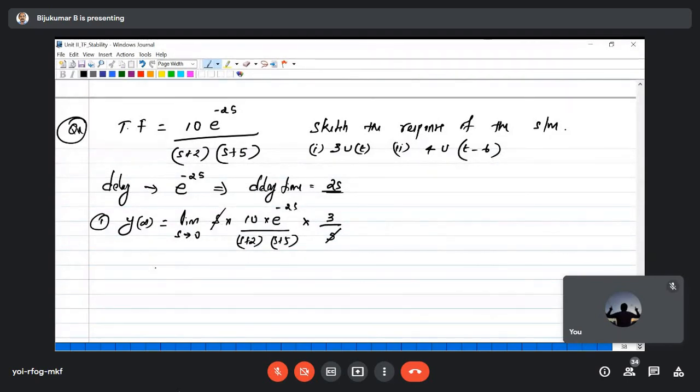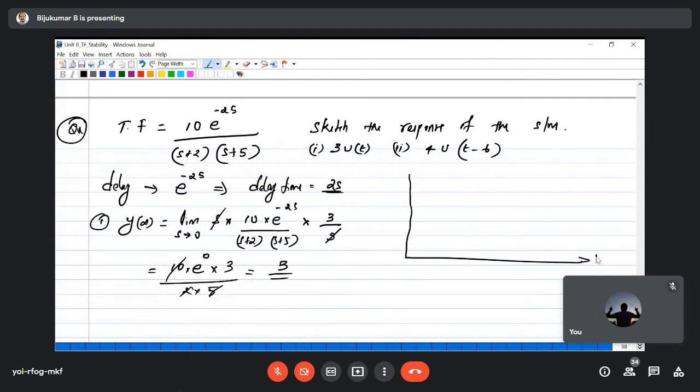So what will be the answer? 10 e power 0 times 3 divided by 2 times 5, so it will be 3. So how can you draw the waveform?